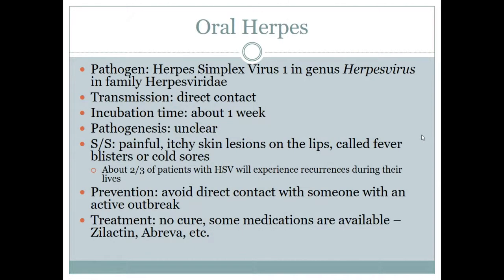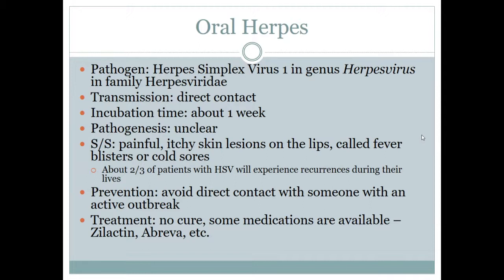Another virus that we'll come back to later on is herpes simplex virus. In this case, we're looking at oral herpes, not genital herpes, and typically they are caused by HSV1, herpes simplex virus 1. Direct contact is the only way that they are spread, and this leads to what we commonly refer to as fever blisters or cold sores. Now, about 2/3 of patients who have HSV1 will experience recurrences.